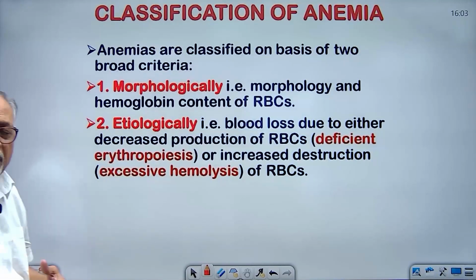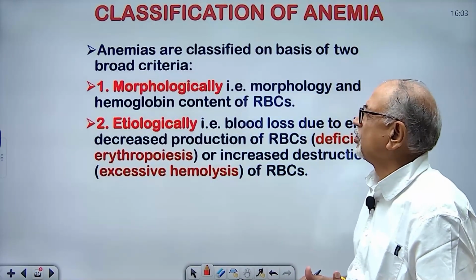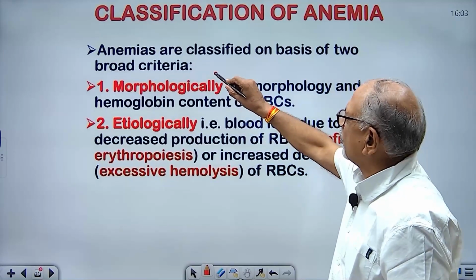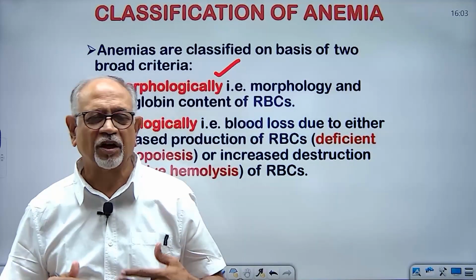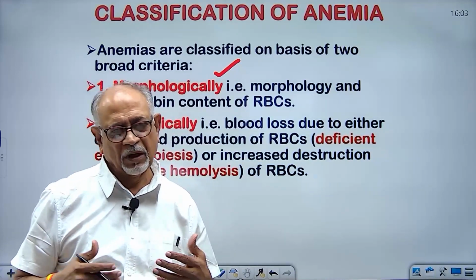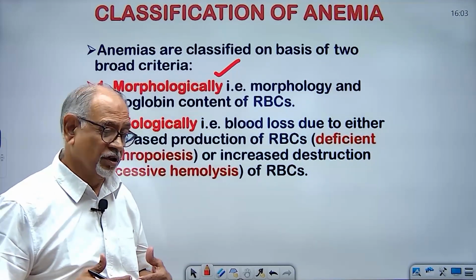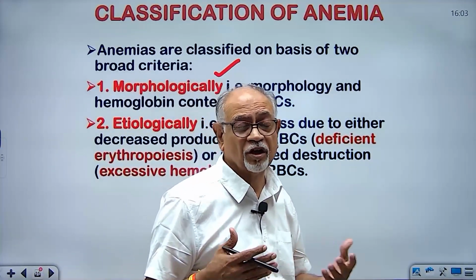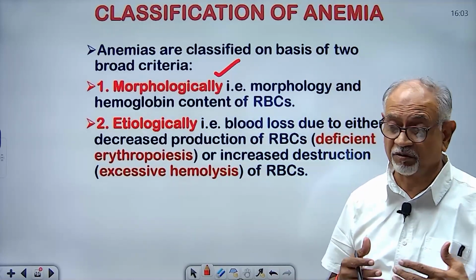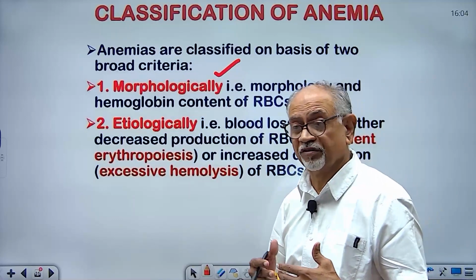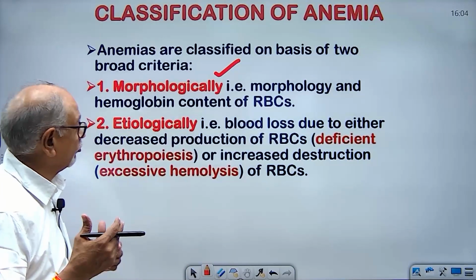Now, anemia is broadly classified into two categories. One is on the basis of morphology of RBC, whether RBCs are abnormal in shape and size, whether they are large, that is called macrocyte or megaloblast, whether they are sickle shaped, whether they are smaller, that is called microcytic anemia, and so on.